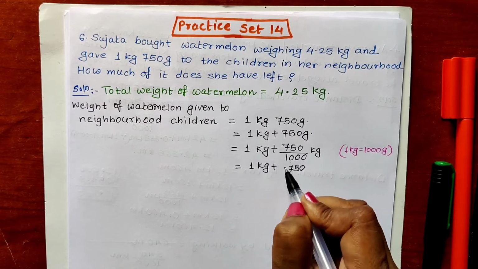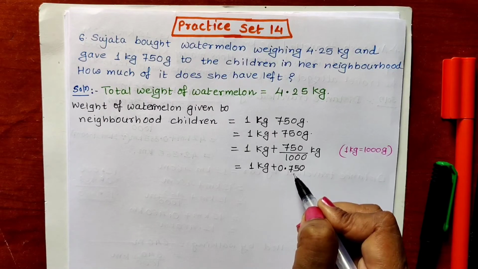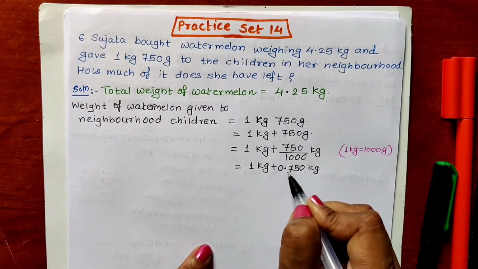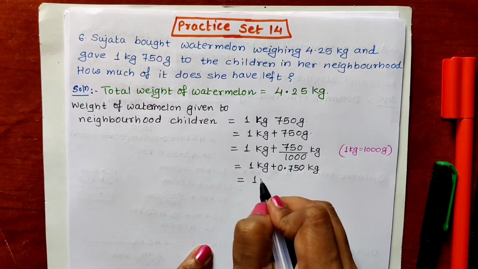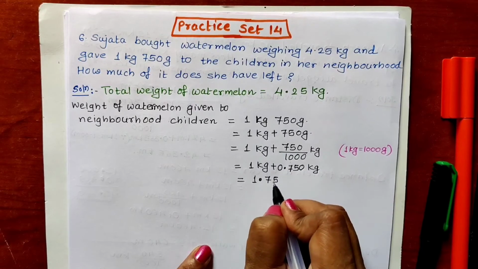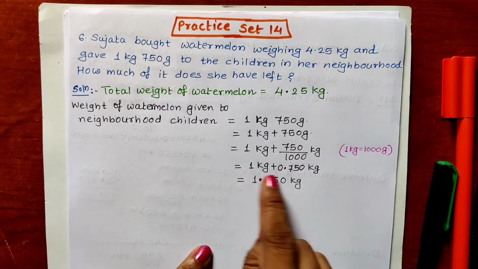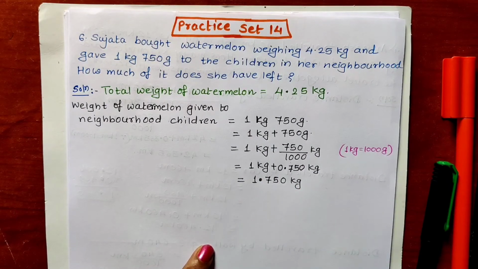We put a point and then we write 0. So it is 0.750 kg. And when we add 1 kg with 0.750 kg, what will we get? 1.750 kg.